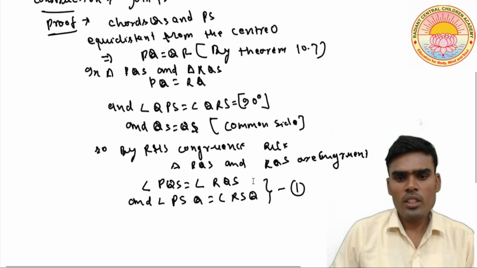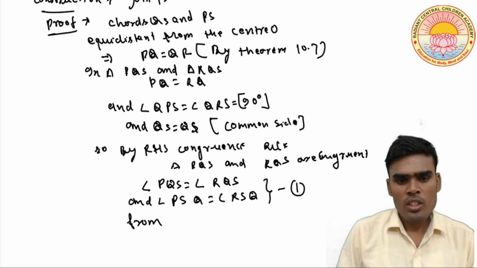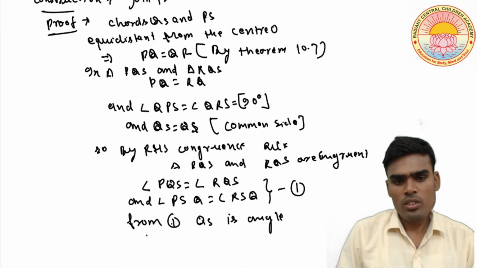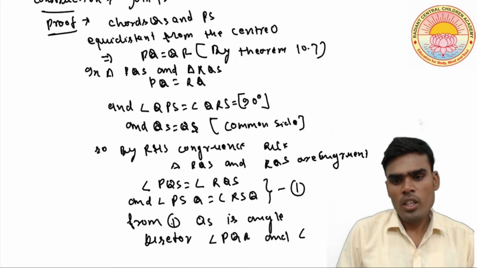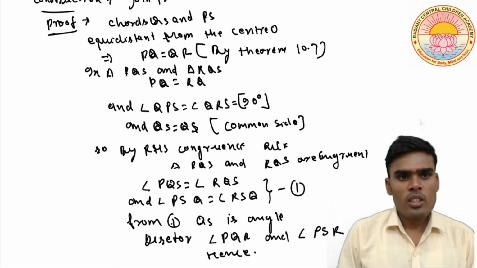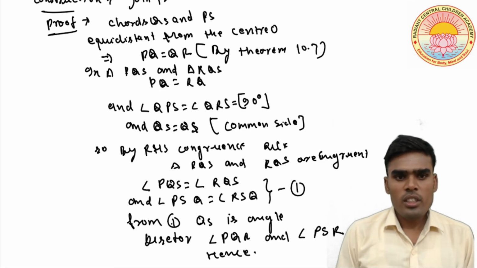So we can say that QS is the angle bisector of angle PQR and angle PSR, hence proved. So students, note down the solution of this question and practice some questions on the basis of this theorem. Let's see the classwork.